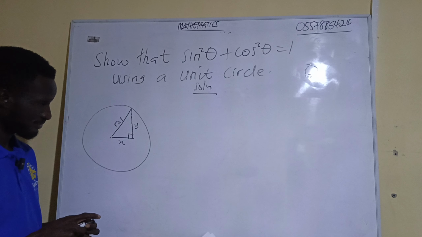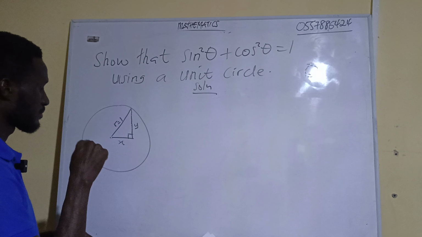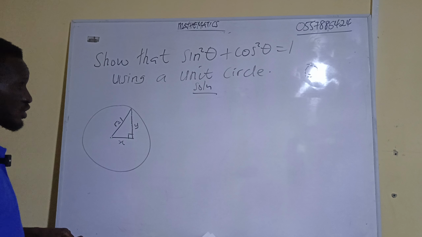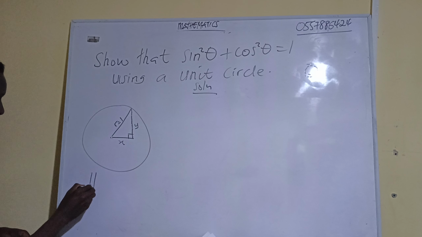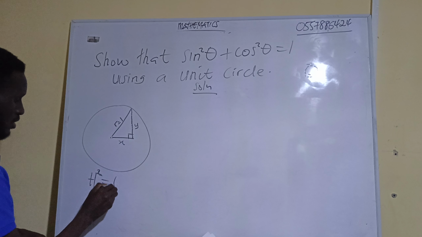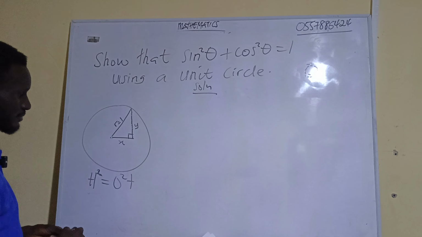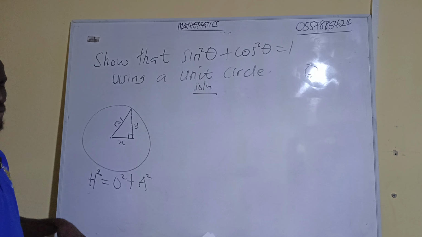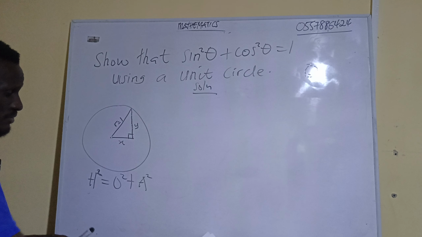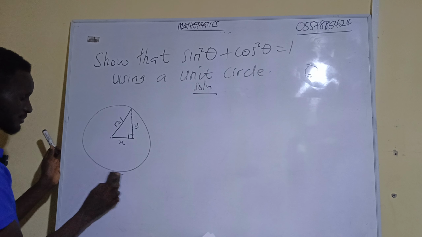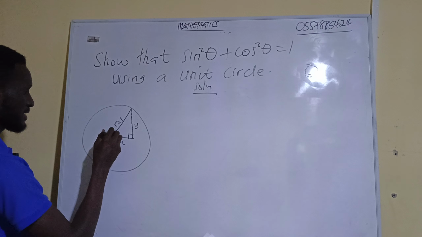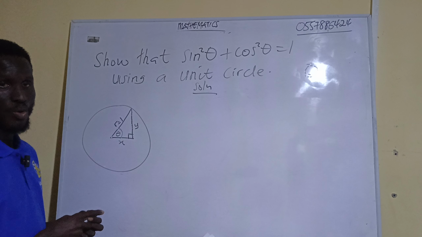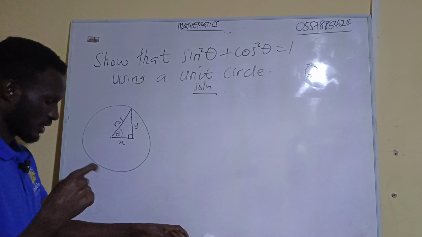Now, from here, let me consider Pythagoras theorem. Don't forget that the hypotenuse squared is equal to opposite squared plus adjacent squared. At this particular point, we don't have opposite or adjacent. So, let me consider this angle as my theta.